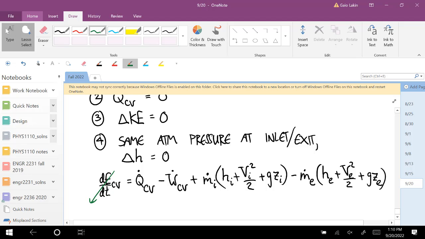And we'll cancel energy. The m dots just become m dot. We'll cancel the enthalpies, the kinetic energies, and the heats.